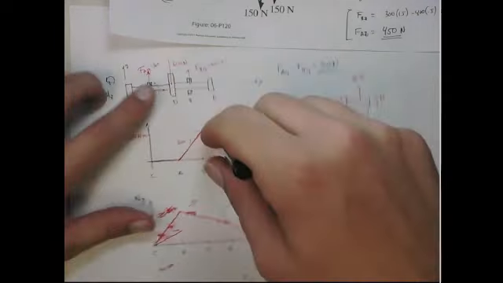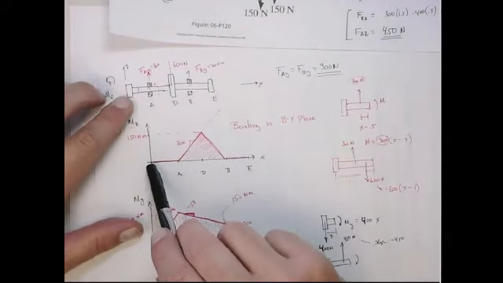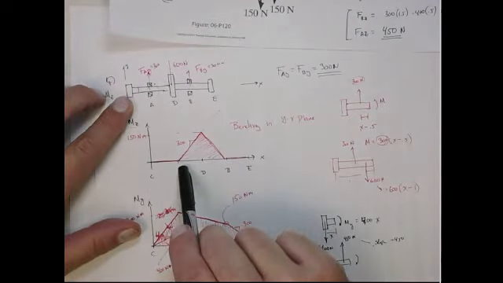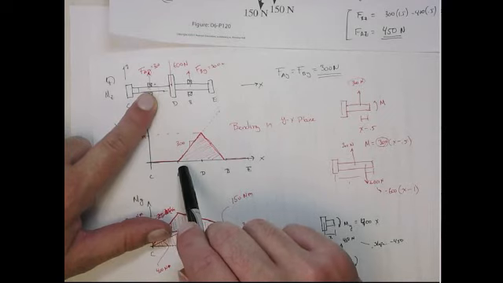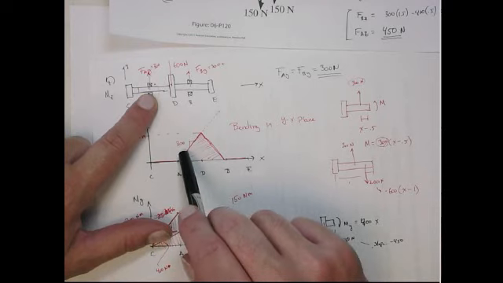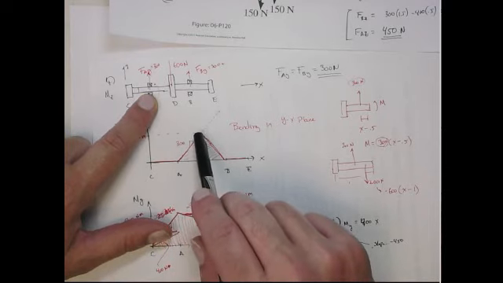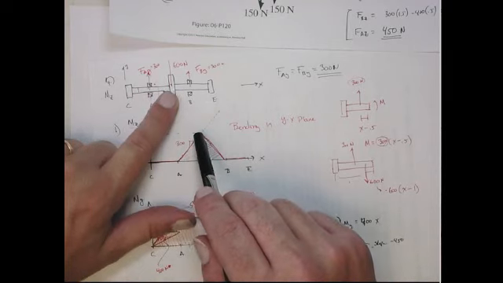So when we go from C to A, there's no point force, so the slope is 0. Once we go to point A, we have a 300 point force. You have to check the sign, whether that's going to be a positive bending moment or a negative bending moment. In this case, it's a positive bending moment. It has a slope of 300. So it goes in that slope of 300 until we get the effect of the 600 Newton point force.